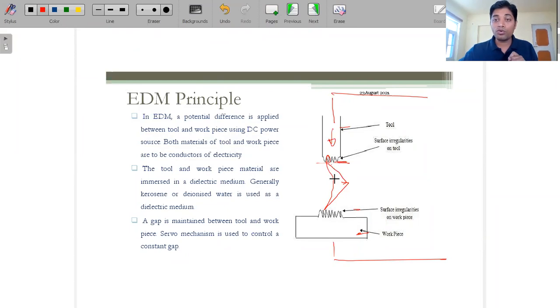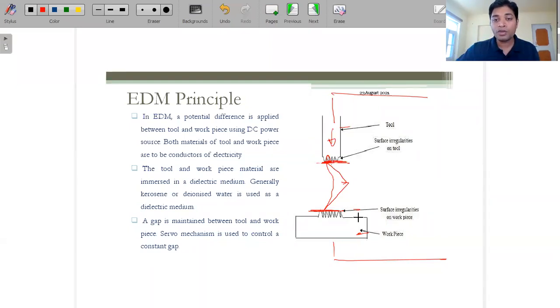Now guys, what is the meaning of uniformity here? Uniformity means wherever the minimum gap will be there, only at that time will a spark be generated. Otherwise, if we do it in the air, the spark will be generated in any direction. So here the direction is defined: wherever the minimum gap is there, only there the spark is generated.